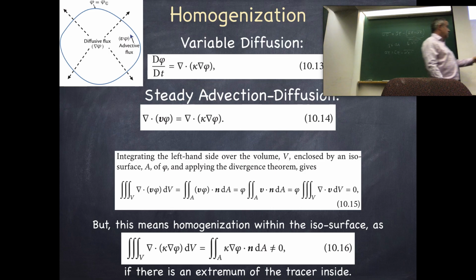If this is equal to this, this side is 0. So if I want to make this side equal to 0, I have two choices. I can either make the diffusivity 0, or I can make the gradient of the tracer 0. That's it. Those are my choices.